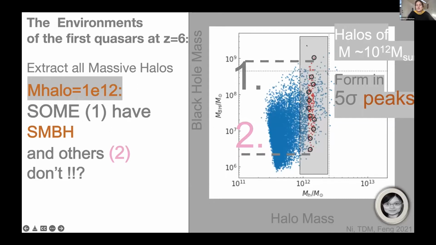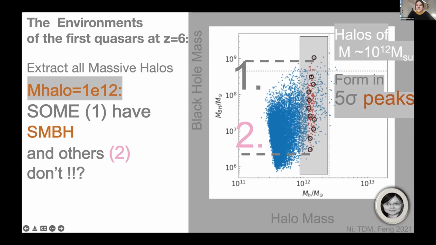So 1 and 2 are going to be things that I focus on a little bit. But the fundamental thing is that for a given halo mass of 10^12, which at this redshift is a 5 sigma peak in the density field, we have a variety of black holes.